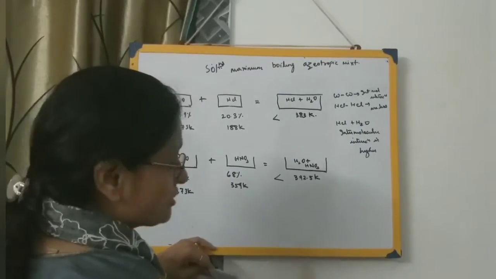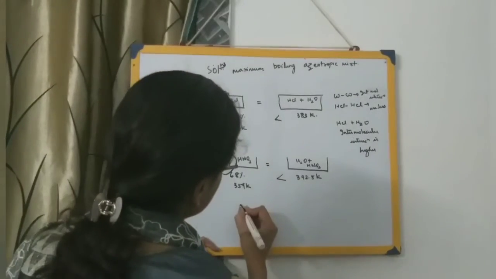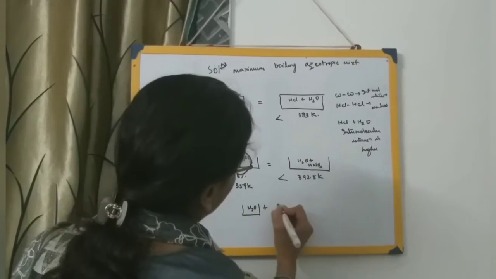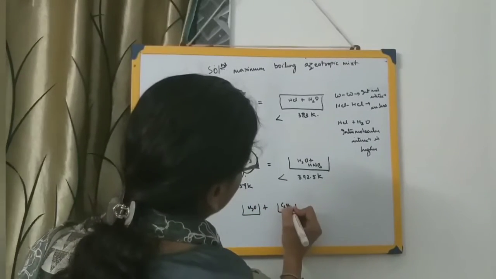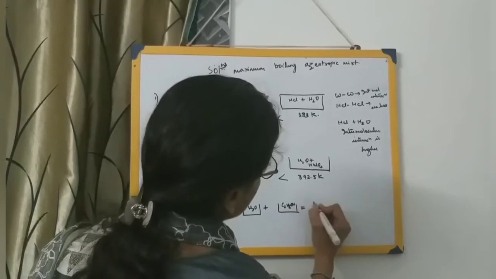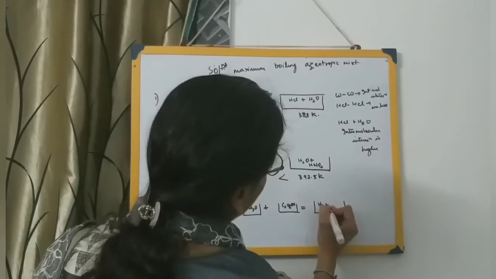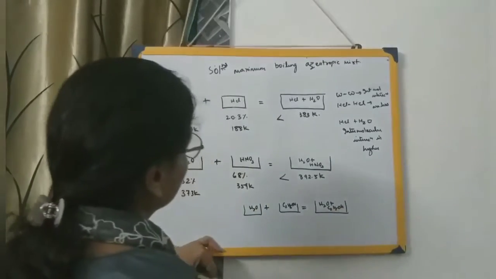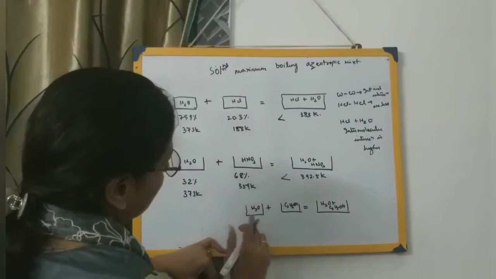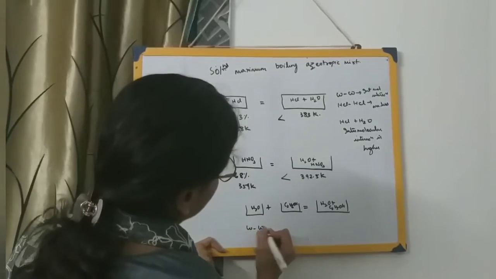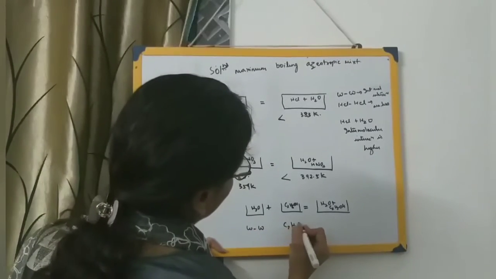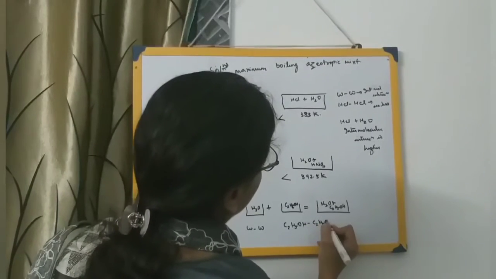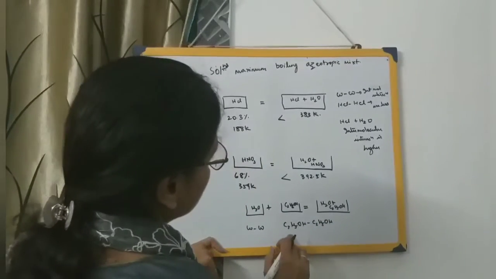In case of minimum boiling azeotropic mixture, once again I give you an example which I gave you some time back, that is water plus ethyl alcohol. It is forming a solution of water plus ethyl alcohol. So in this particular case, the intermolecular interactions between water and water and between ethyl alcohol molecules will be higher.